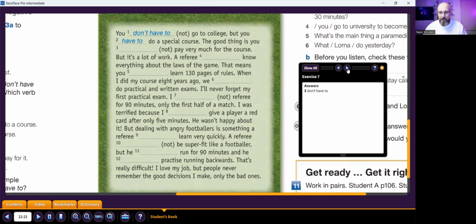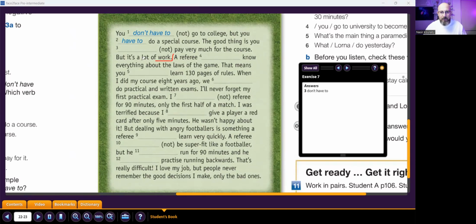So number 3, we said you don't have to. Now, when I talk about number 4, a referee, one person, maybe he, maybe she, knows everything about laws of the game.